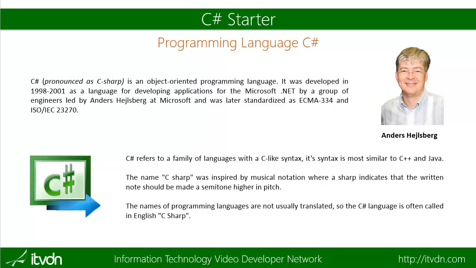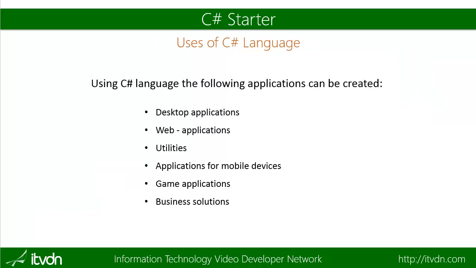A programming language is a language that helps you to write programs and applications. The second thing we learned was the uses of the C# language. We can use C# to create desktop applications, web applications, utilities, applications for mobile devices, game applications, and business applications.